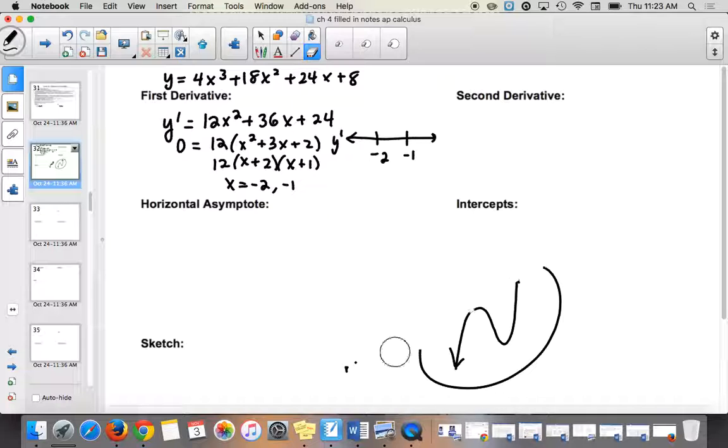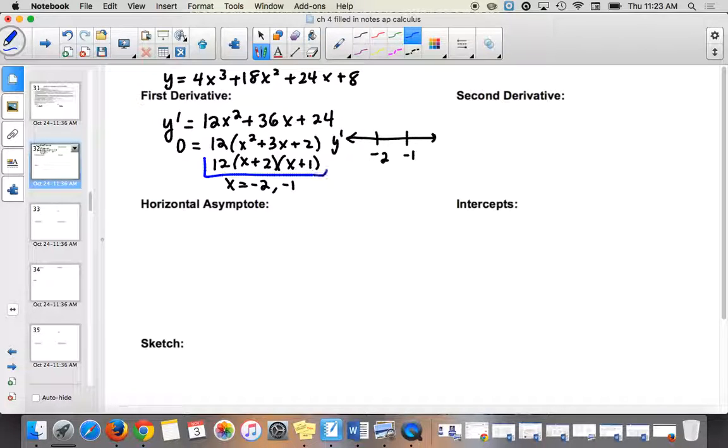If I'm testing in my y prime, I can plug in negative 3 and say, oh, I have a positive times a negative, so that's positive, right? Or you can just be smarter than the system and say, oh, it's an x cubed graph, this better go up, down, and then up, right? If it doesn't, we've done something wrong. So that means that we're going to have a maximum at negative 2 and a minimum at negative 1.